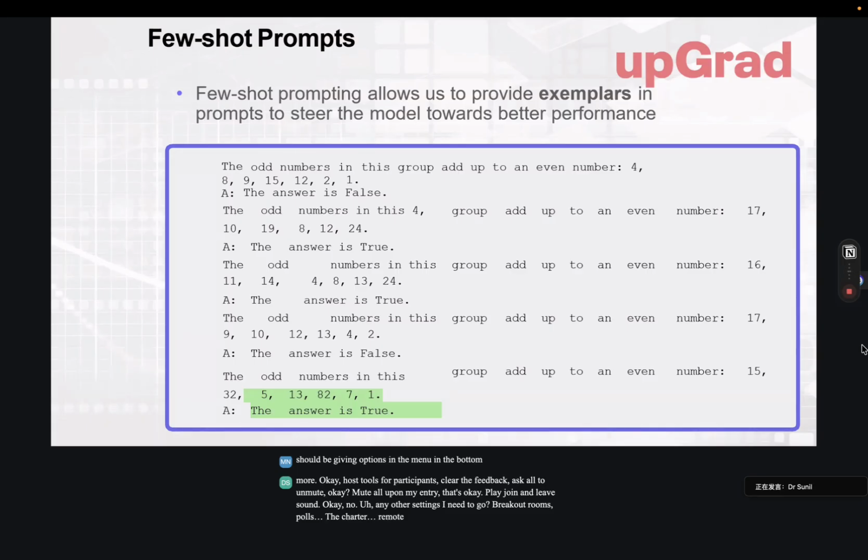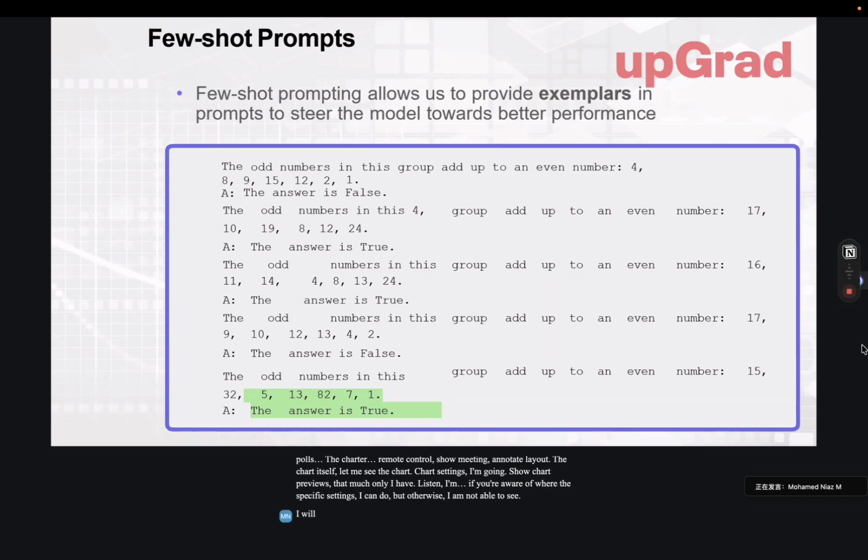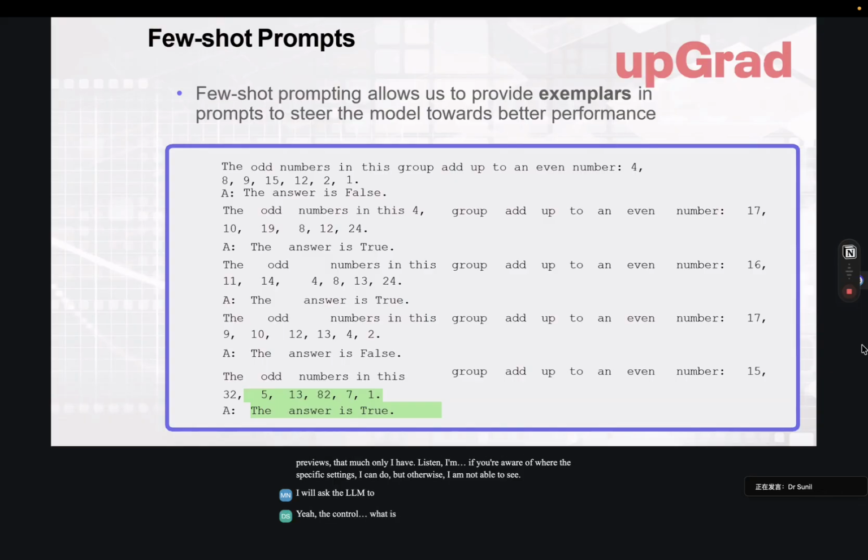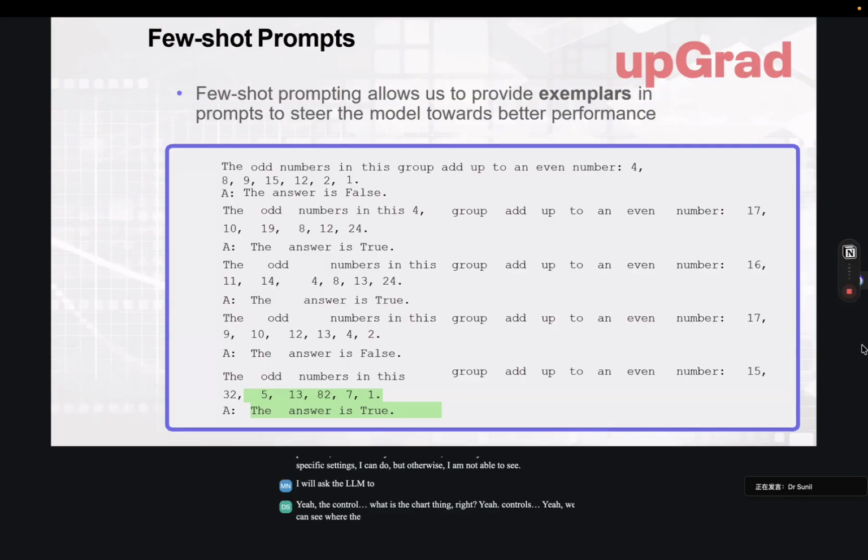Remote control, show meeting, annotate, layout. Chat settings, show chat previews, that much only I have. If you are aware of where the specific settings are, I can do it, otherwise I am not able to. We will see. Ask the LLM. What is the chat thing, right? Controls. We can see where the settings are. Being a host, how do I set? Even I can do that parallelly.